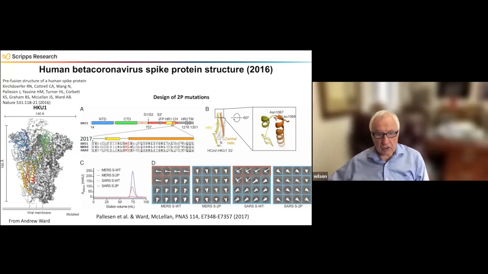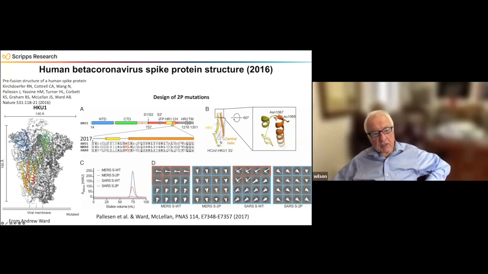This is negative stain EM here. When they looked at MERS and expressed it, you could see a lot of these long elongated spike structures. This is the post-fusion conformation, where you really want the pre-fusion form. That was the same for SARS-2, where we got a lot of this.